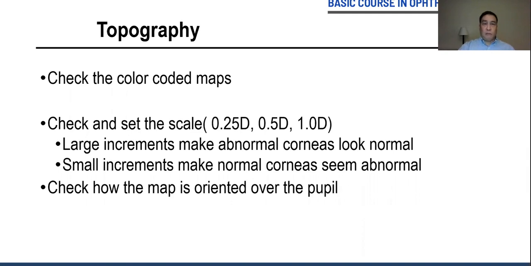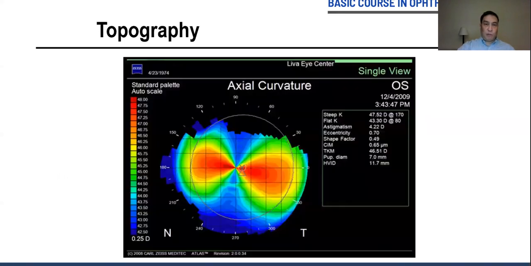Do check the color-coded maps, but you need to check the scale. Is the scale only by very fine, by 0.25 diopters, half a diopter, or 1 diopter? Large increments will make an abnormal cornea look normal, and small increments may make a normal cornea seem abnormal. And you have to check how the map is oriented over the pupil.